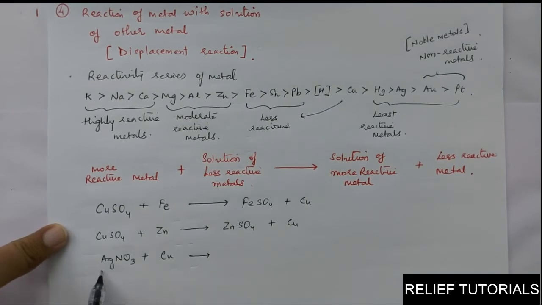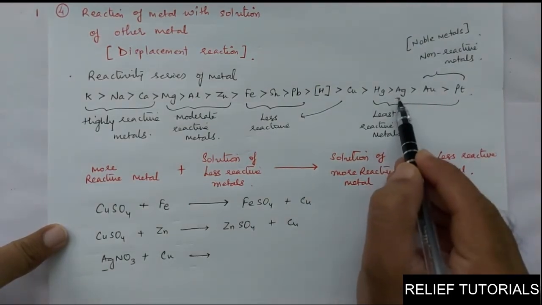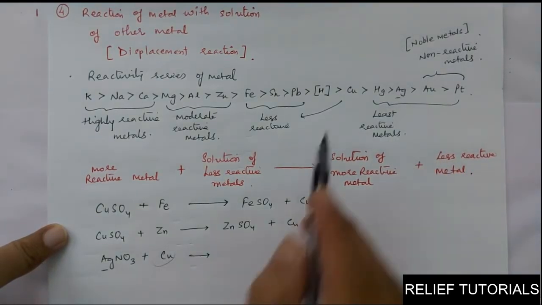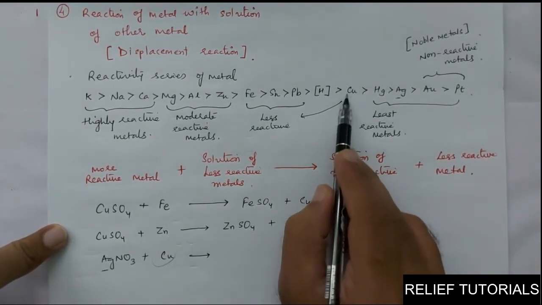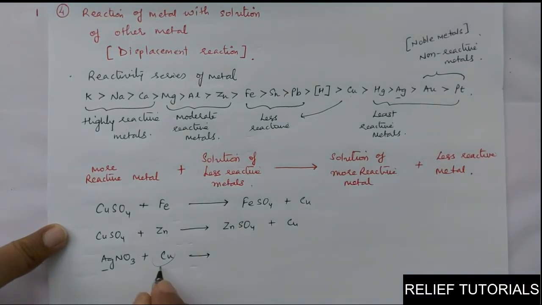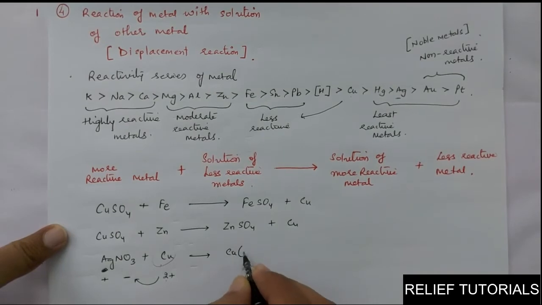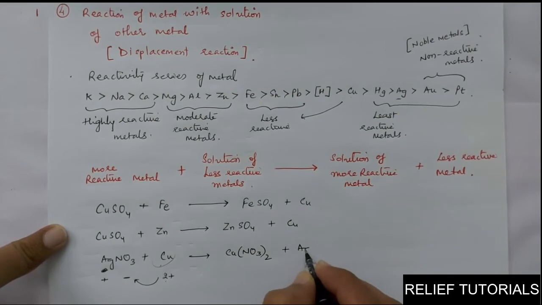Copper is more reactive than silver, so copper will displace silver. Here silver is 1 plus, NO3 is 1 minus, and copper normally behaves as 2 plus. So 2 will be given to NO3, so it forms Cu(NO3)2 and silver liberated.